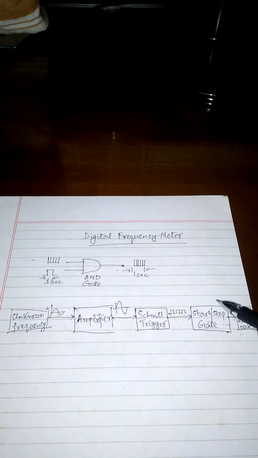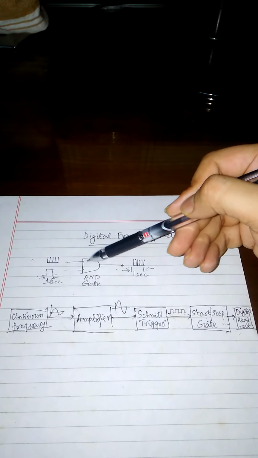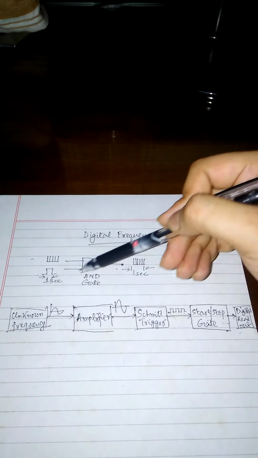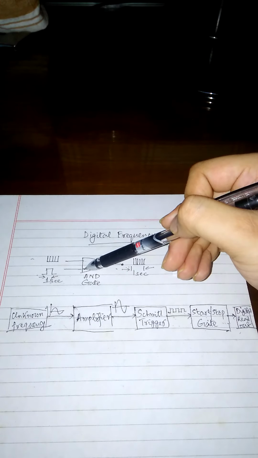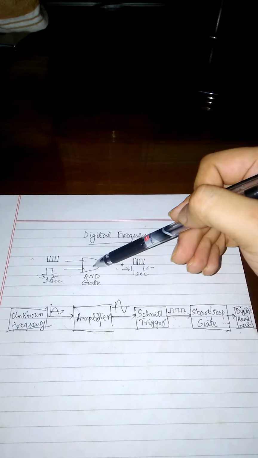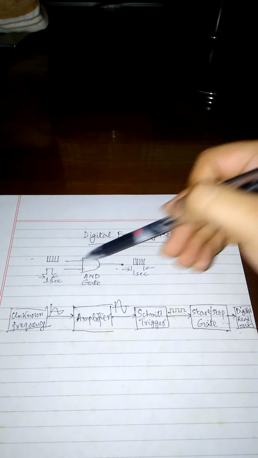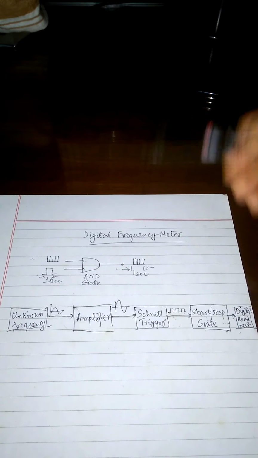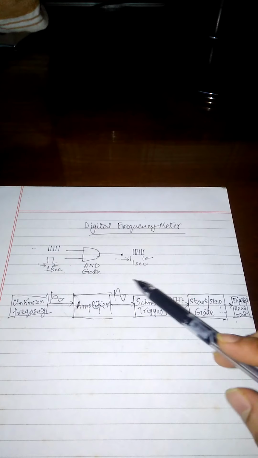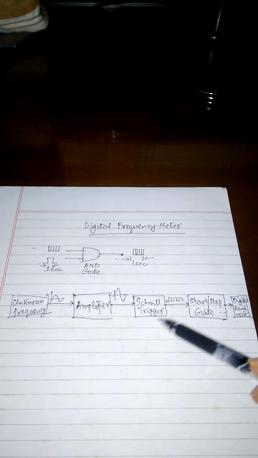For a small recap, here is the AND gate. We give the train of pulses for a particular time period, and this clock pulse is used to enable the AND gate for this time period, and then the counter counts the number of pulses passing through the gate for this time. The most important thing is to convert the normal waveform to a train of pulses, for which we use this Schmitt trigger.